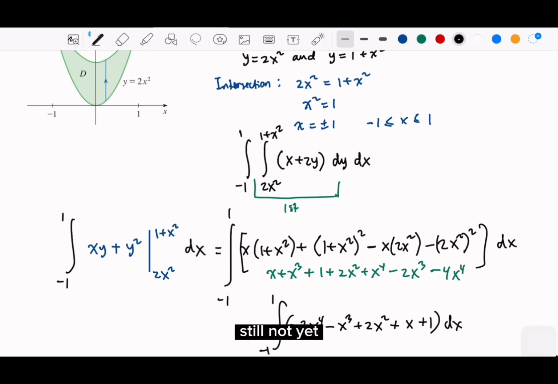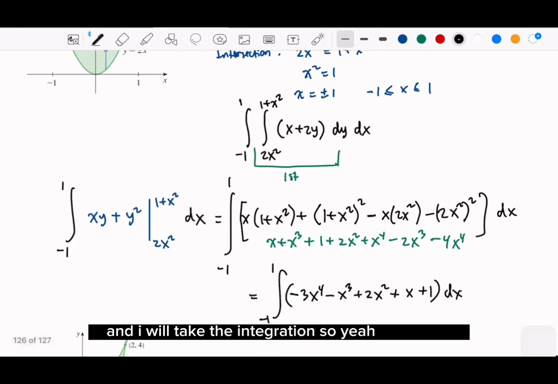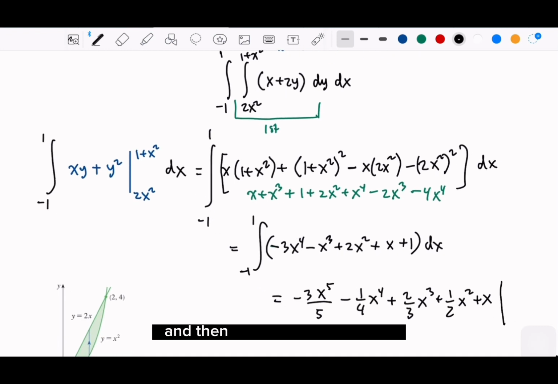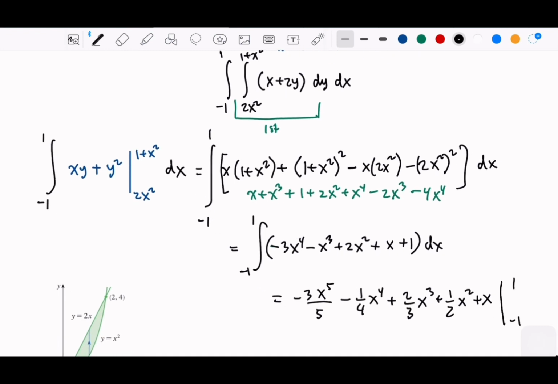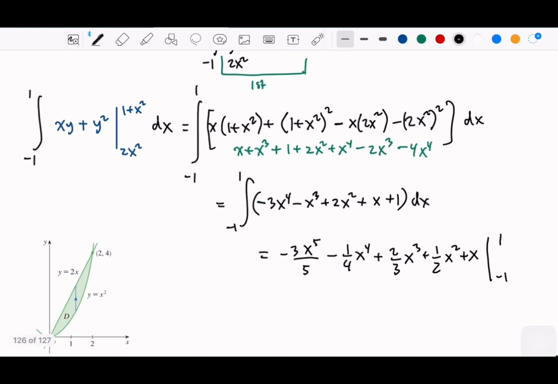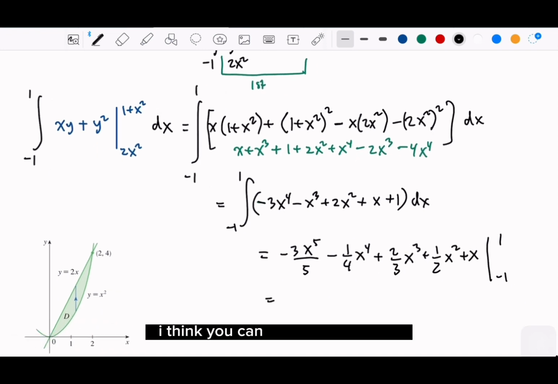Still not yet. And then we take the integration. So yeah, quite a lot. And then take negative 1 to 1. Yeah, I think you can compute this, okay?